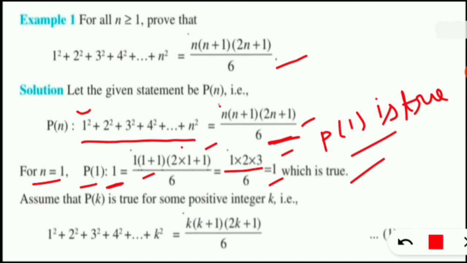Next, condition 2. So let us assume that Pk is true for some integer k. That means Pk such that 1 square plus 2 square plus 3 square plus 4 square plus dot dot dot k square equals k into k plus 1 into 2k plus 1 whole divided by 6.